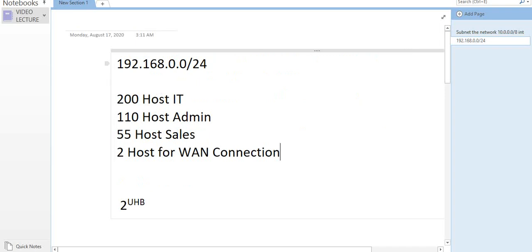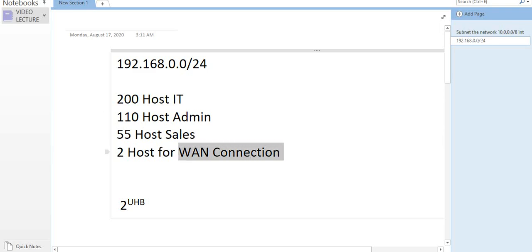Here we have a 192.168.0.0/24 network. With this network, we need to subnet. We have these departments: IT, admin, and sales, and we also have a WAN connection.